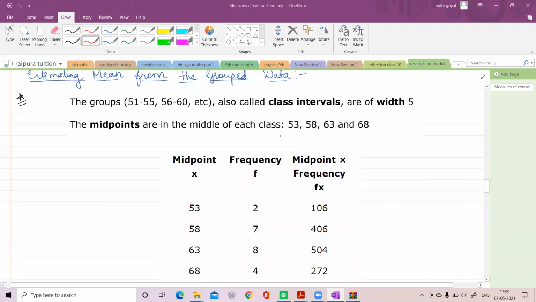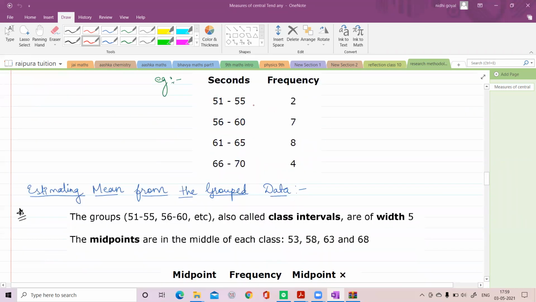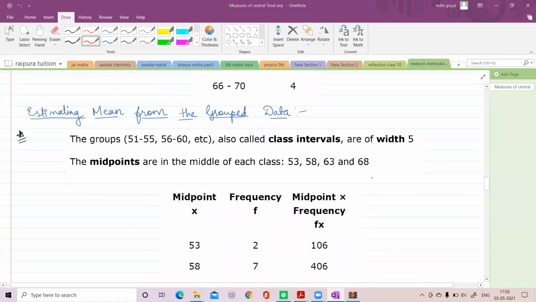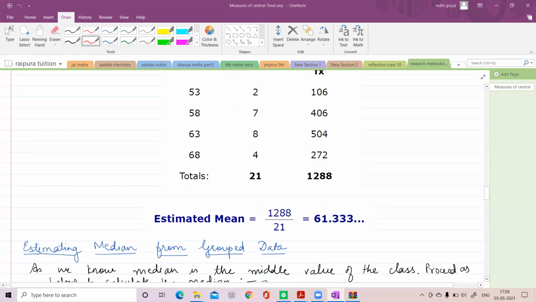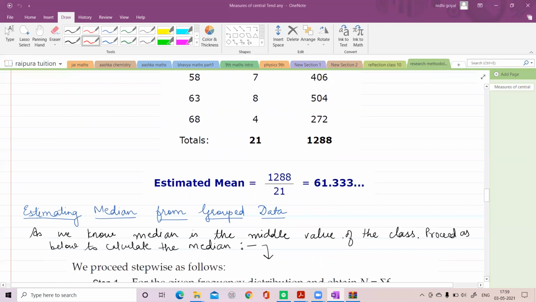The midpoints can be calculated from these class intervals. So the mid values are 53, 58, 63 and so on, and this is how we calculate the mean. We write x in one column, f in one column, and fx in one column, and we find the total.